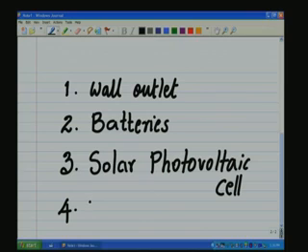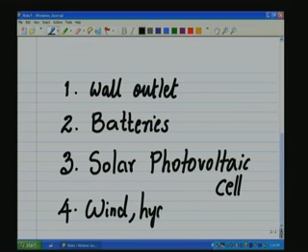There are also a few other sources like generators obtained from wind, hydro, so on and so forth, which are generated at the remote areas wherever there is a dam or wherever there is lot of wind in a particular location through windmills, and then connected to the grid and then routed to individual loads and homes.